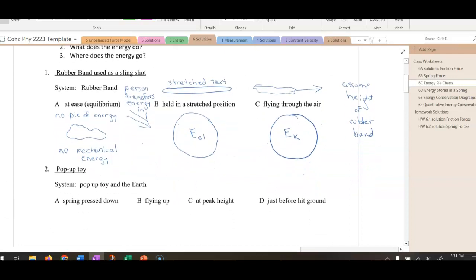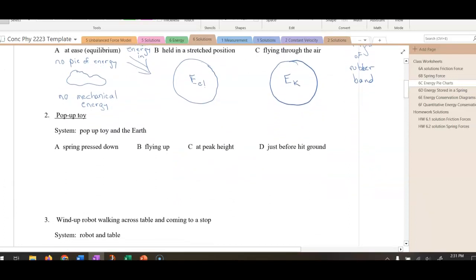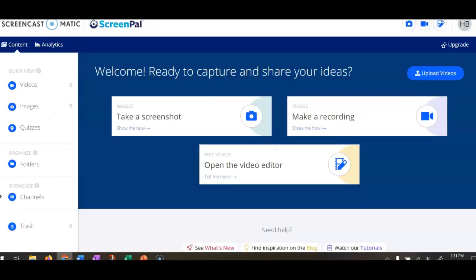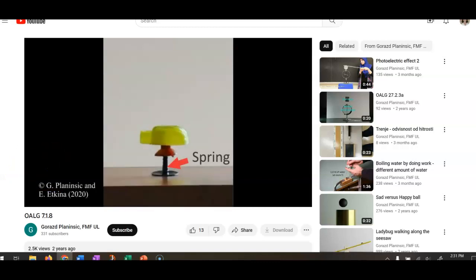Let's do another one. So here is a pop-up toy, and I think I have a video that I'm going to show of the pop-up toy. Let's see. Here we go. So this is just a little spring toy that will jump in the air.